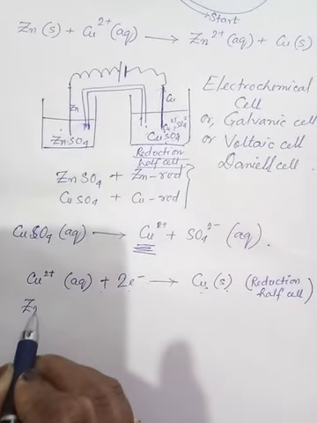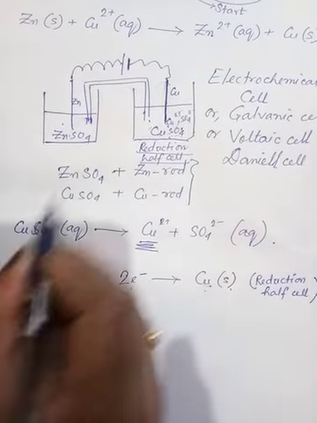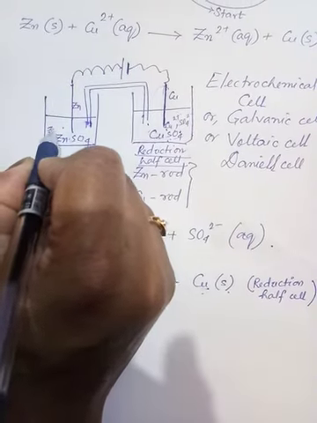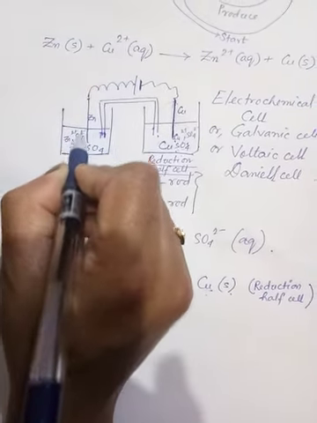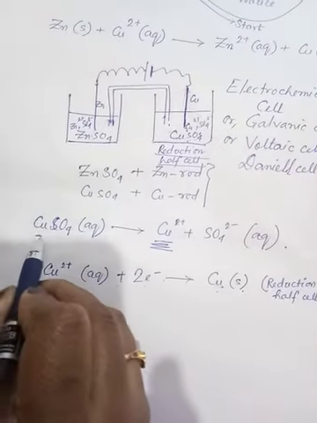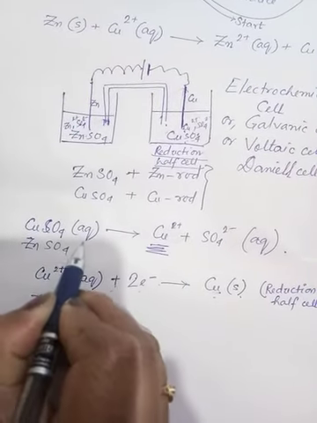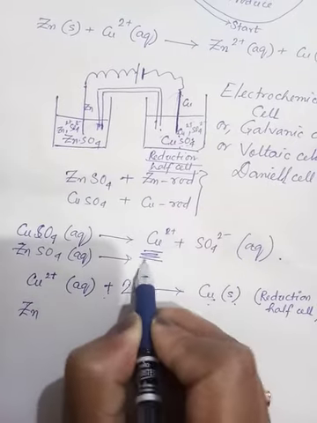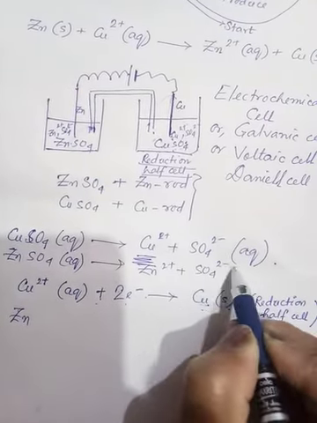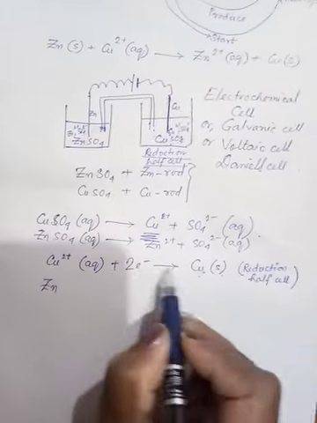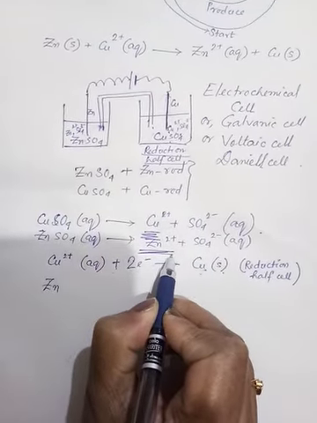The next reaction: just like copper sulfate is breaking down here, zinc sulfate will also break down to Zn2+ and SO4 2- as soon as we put it in the solution. So zinc sulfate breaks down to give you Zn2+ and SO4 2- in this aqueous medium. Again we concentrate on Zn2+.